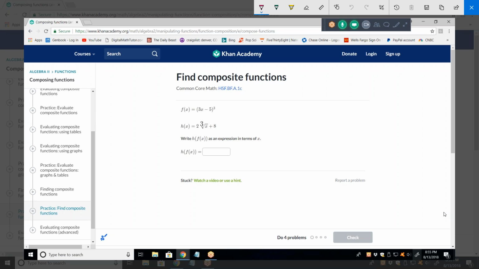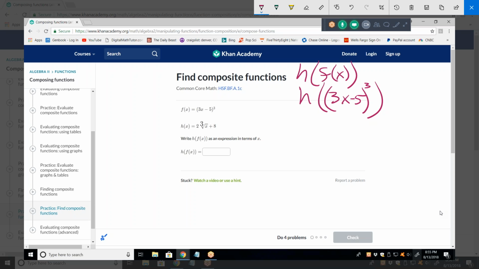So first of all, tell me what h of f of x is in function notation. h of f of x is h of (3x minus 5) cubed. Now we need double parentheses here. If I don't put that second set of parentheses in, it changes the meaning.